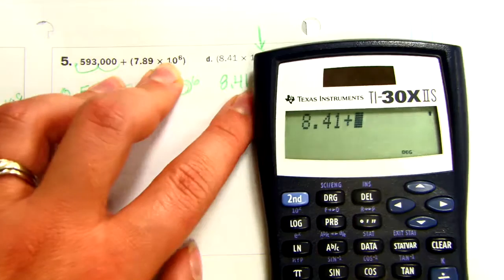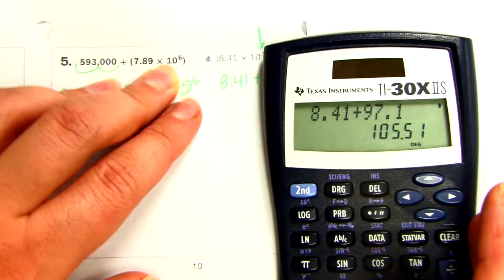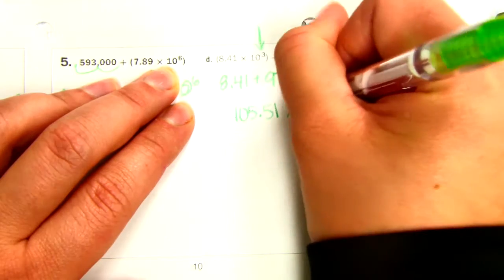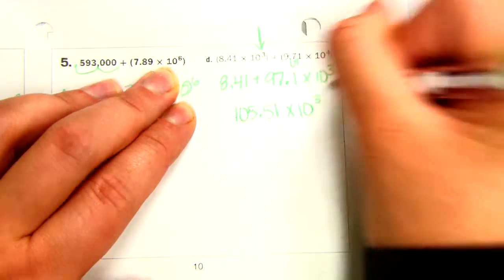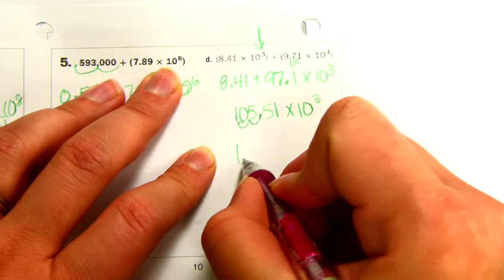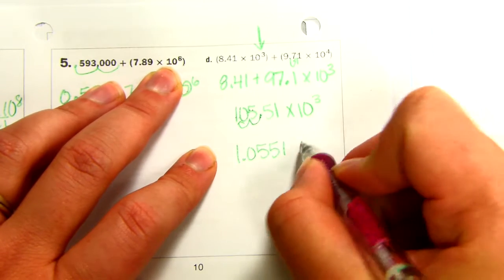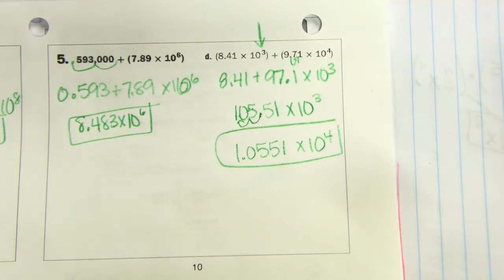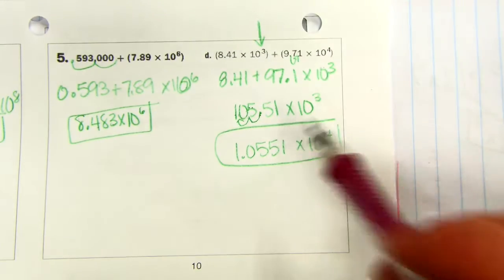Adding them together, 105.51 times 10 to the 3rd, not in proper scientific notation. 2 spots to the left makes the exponent larger. Now I'm done. Maybe if I had moved to the larger one, I wouldn't have had to move it here. Who knows?